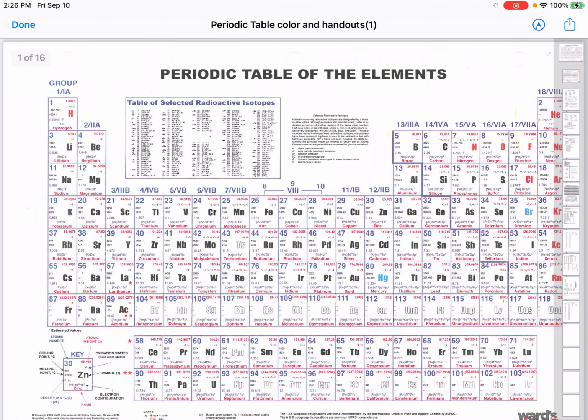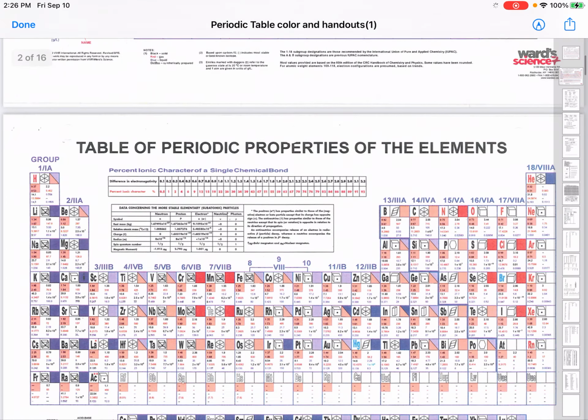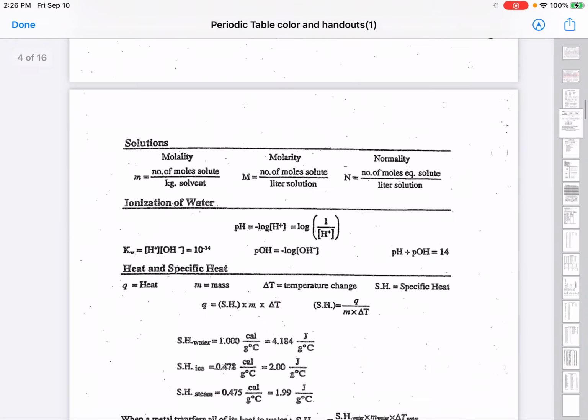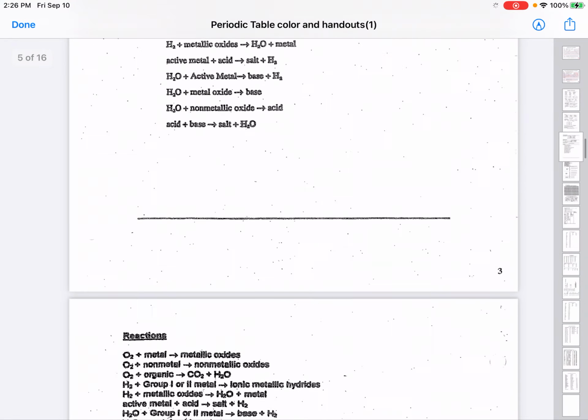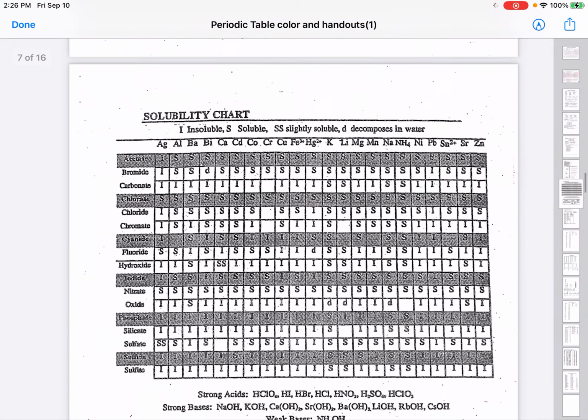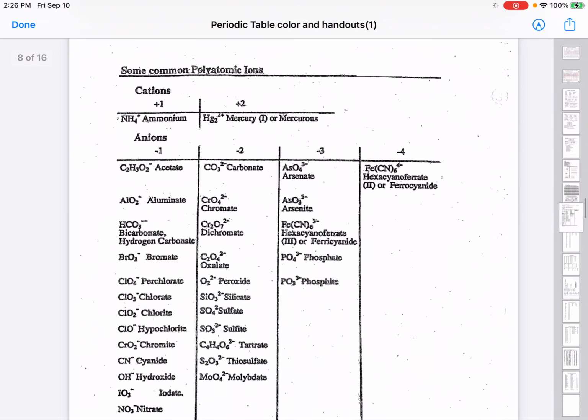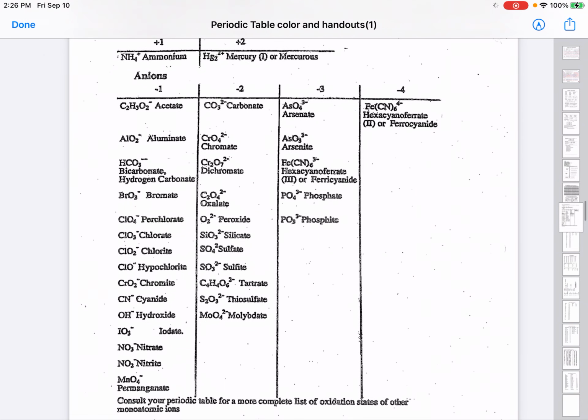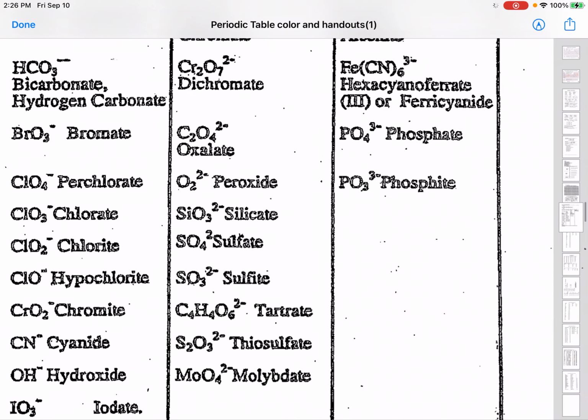Okay, this is a periodic table, and you go down. So chemistry data handout, you go to page 6. Page 6 has some polyatomic ions, so you can refer to this one. So sulfate, you find what is sulfate. You see sulfate is SO4 2 minus.